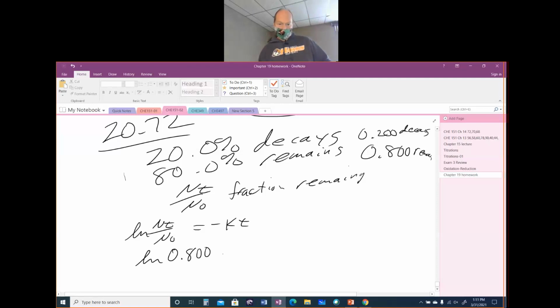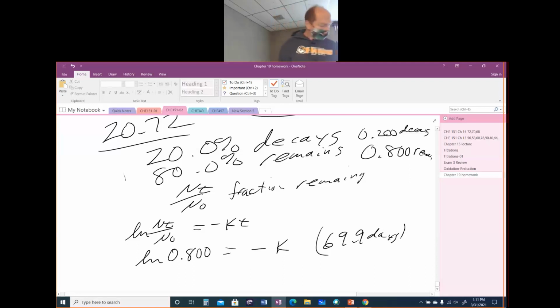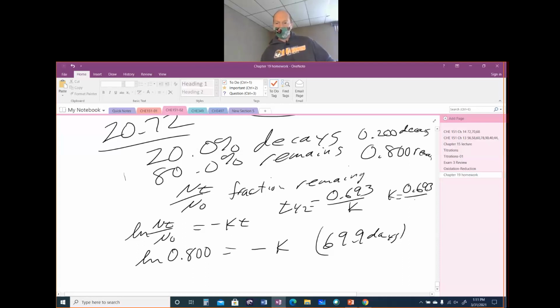So now we have a time, and we want to know what the half-life is in days. Again, you know that t1/2 is equal to 0.693 over k. Solve for k: k is 0.693 over t1/2. If you plug that in for k, you can just solve the equation.